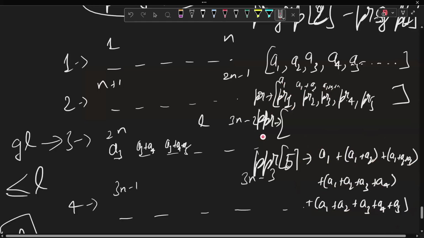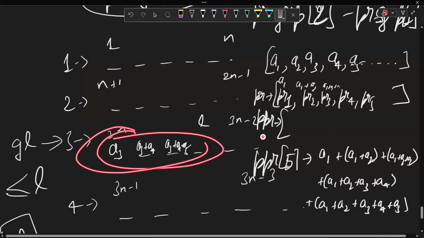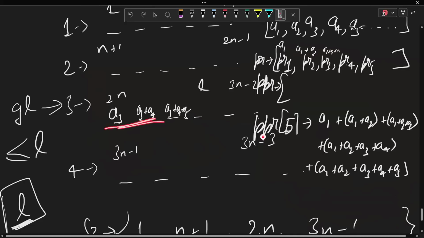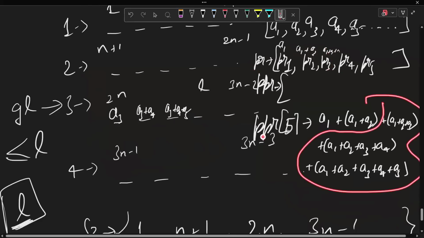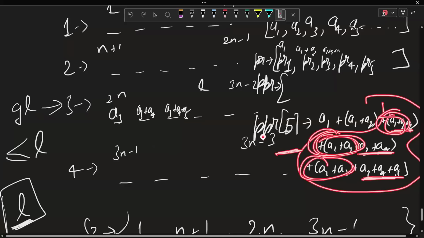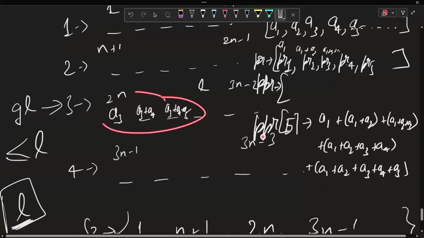Now what I need to compute is this thing. How can I get this from that? If you see, from my prefix array, prefix sum 3 to prefix sum 5, if we add these three things, it has A3, A3 plus A4, and A1 plus A2 is coming in all of them. So we can just subtract A1 plus A2 from this to get this.